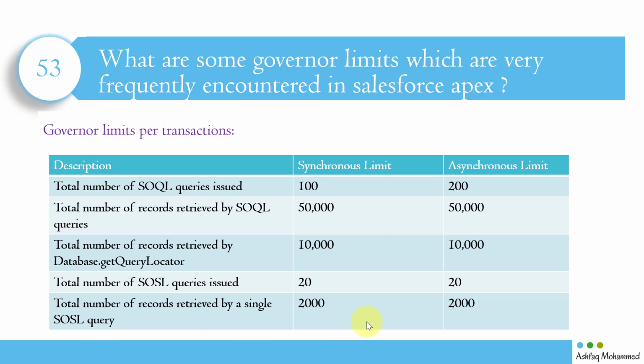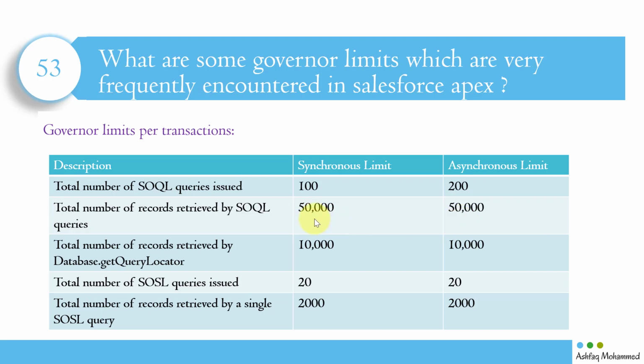But the interviewer might ask, for example, if I have 1 lakh records, or maybe 70,000 records, which I want to display, or if I want to retrieve 70,000 records in a transaction, then what should happen?